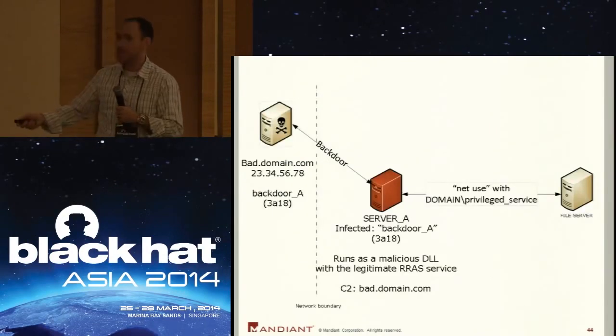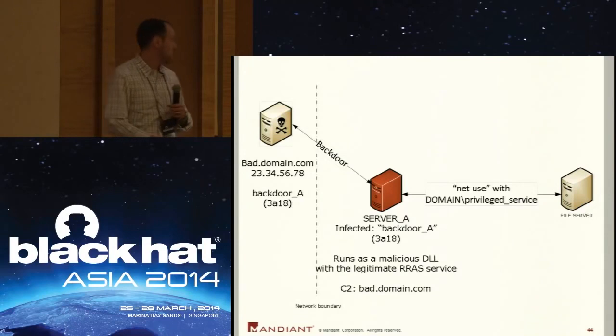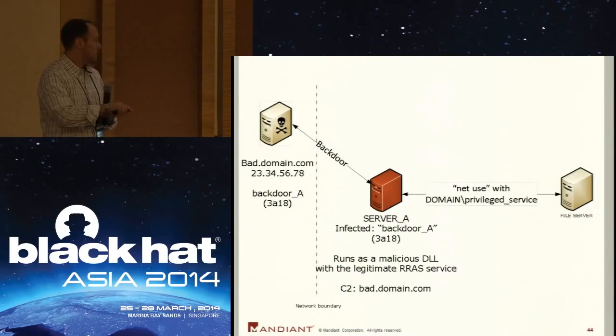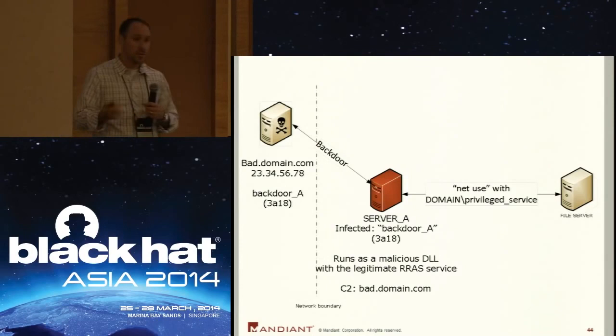So this is the example that I want to use to explain this process. Picture a server that is infected. It's got backdoor_A, and it's communicating with baddomain.com, which currently resolves to 2.3.3.4.5.6.7.7.8. This particular backdoor is running as a malicious DLL that's associated with a legitimate Windows service.